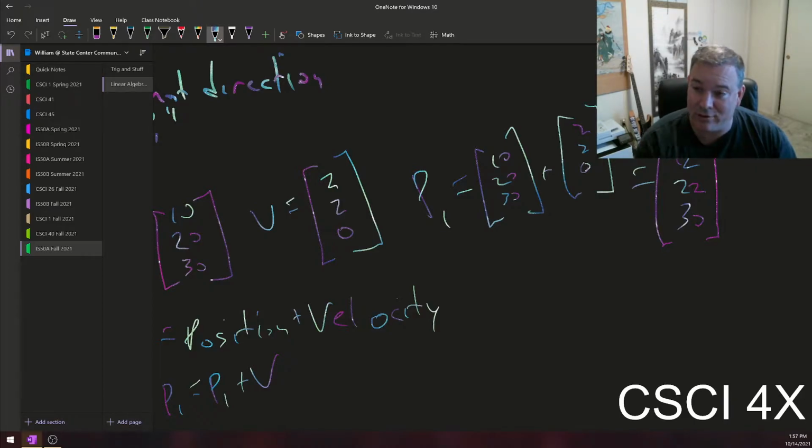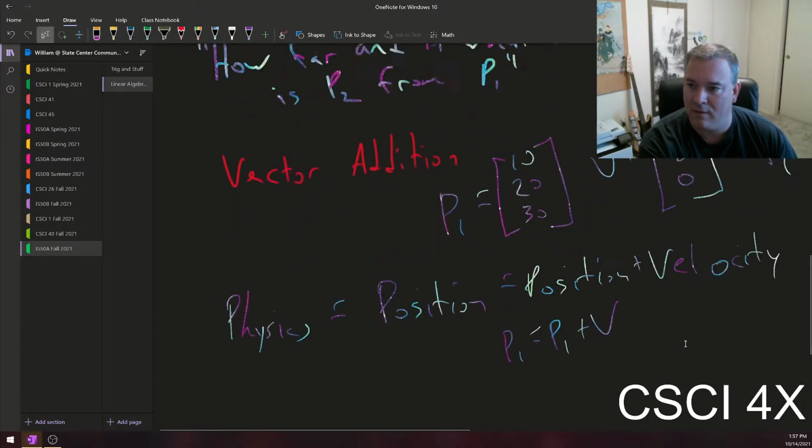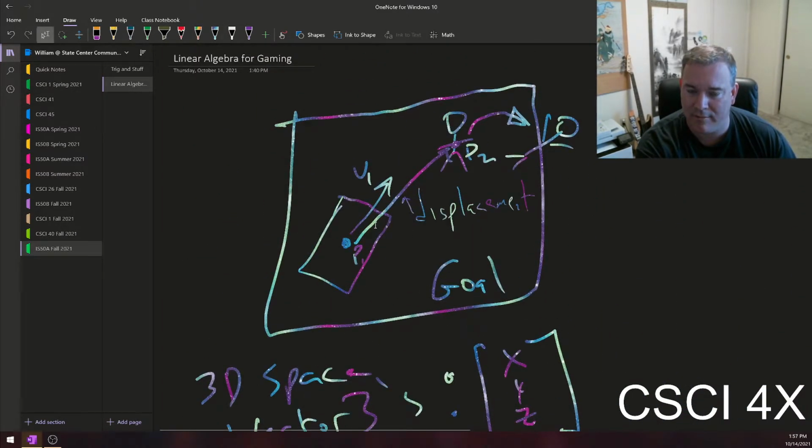So that's vector addition. And you can also do vector addition if, let's say you want to shoot something, and so you've got your position here, and then you've got a displacement vector to some gun that you've got mounted on the front of your car, and you want the bolts to come out of here.